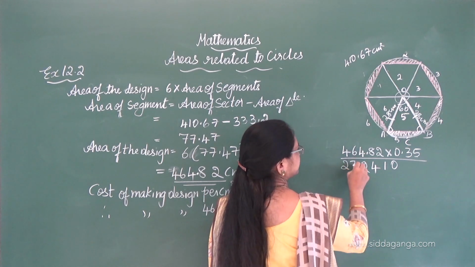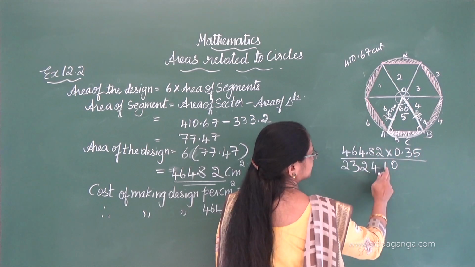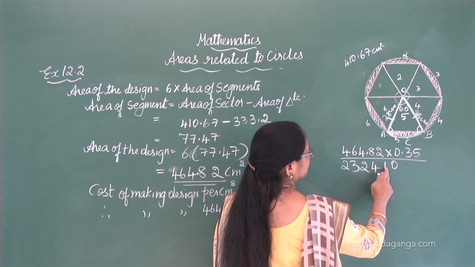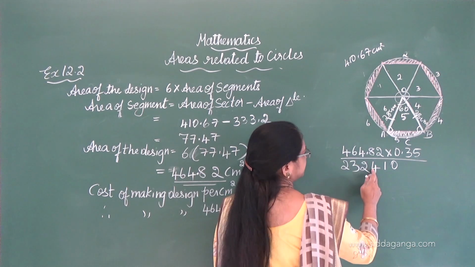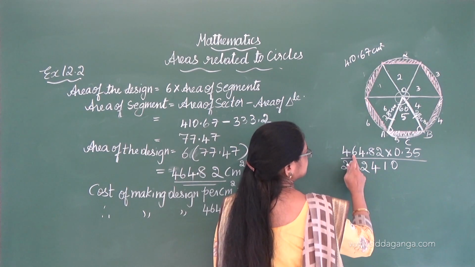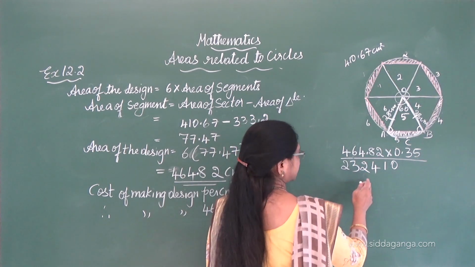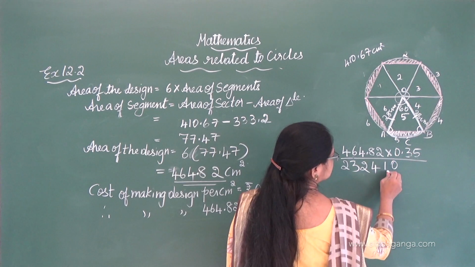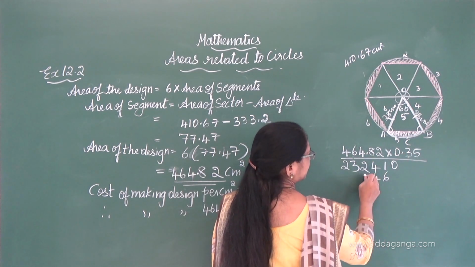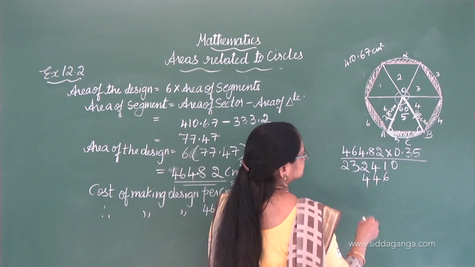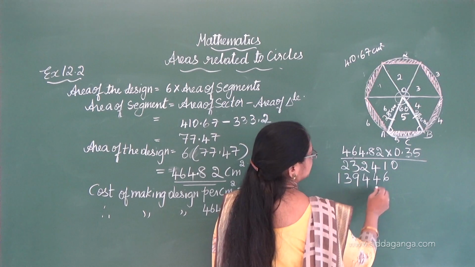Once again check. Next 3 2s are 6, 4 3s are 12, 6 3s are 18, 4 3s are 12.